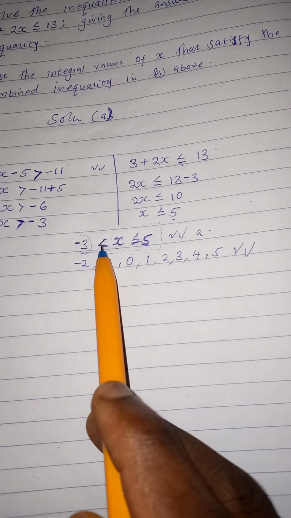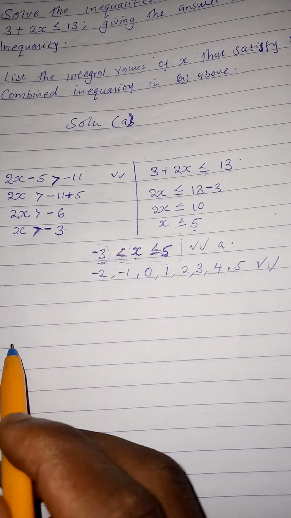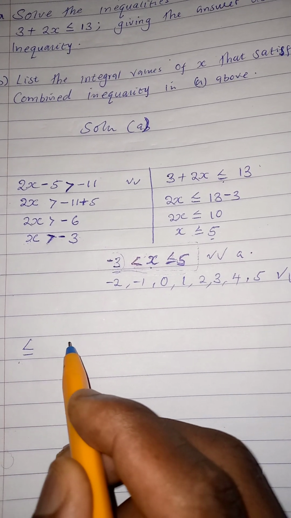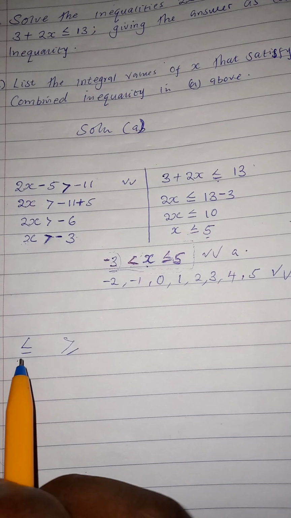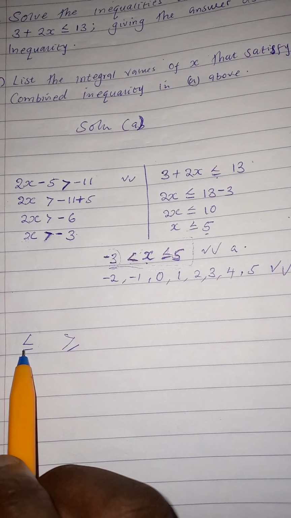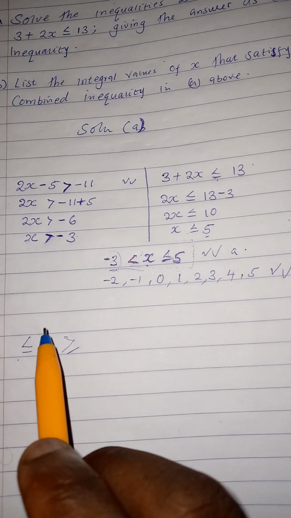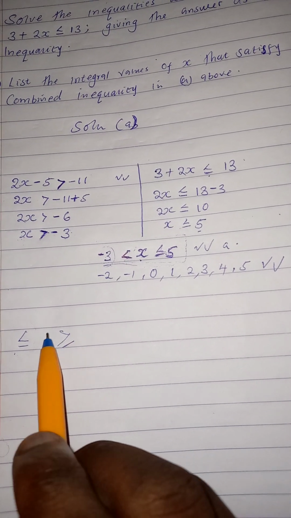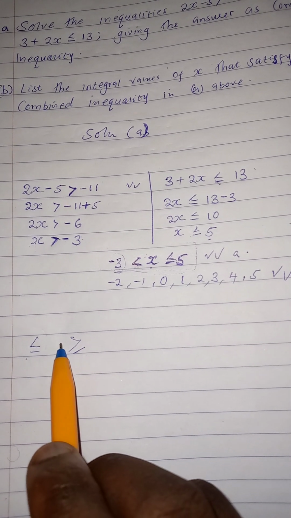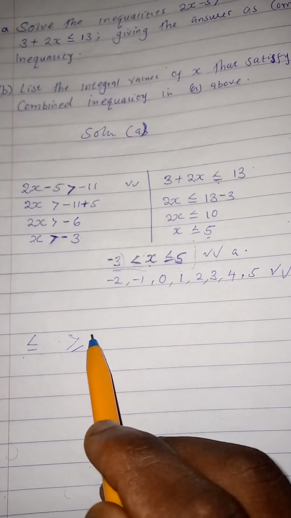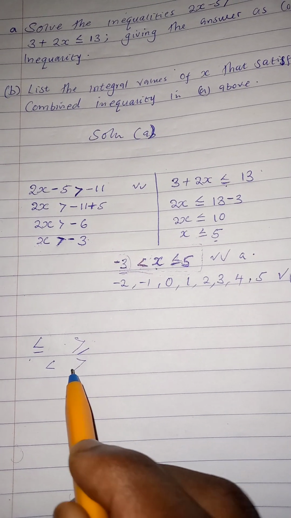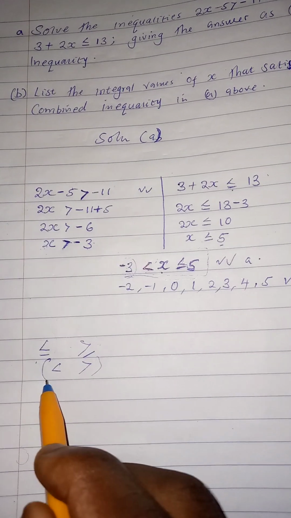Looking at these two signs, the number that comes before or after this sign is usually included, and the number next to this other sign is not included.